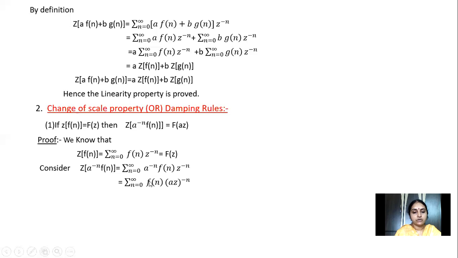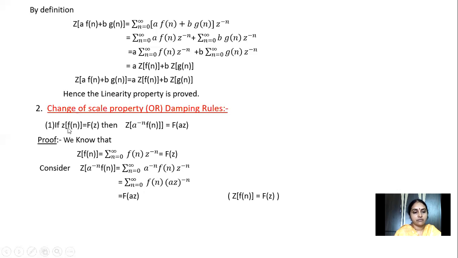Sigma n equal to 0 to infinity. These two terms have the same power, so az whole power minus n. You compare with the actual formula, sigma n equal to 0 to infinity f of n z power minus n. Whatever z is there, that you write as f of z.